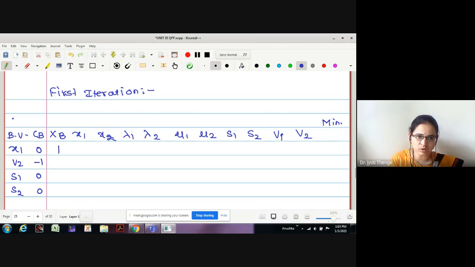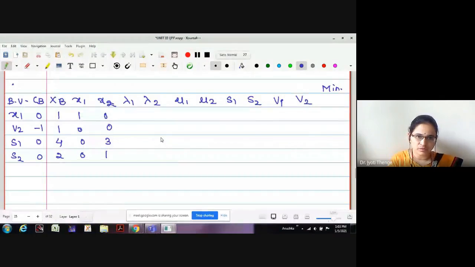By performing the row operations, I'll write the entries directly. x2 will be 0, 0, 3, 1. Lambda 1 will be 1, 3, -2, -2, 1, 1, -2, -2. This is -5, 0, 1, 1.